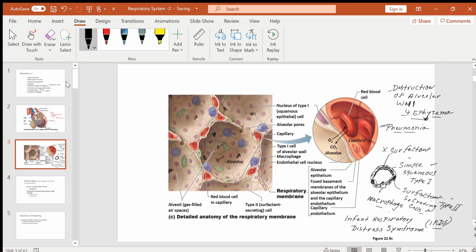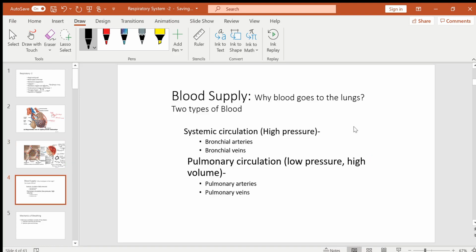Okay, blood supply to the lungs. Your lung gets blood from the heart, right? The heart sends the blood into the lung through the pulmonary artery. So this is the pulmonary artery.